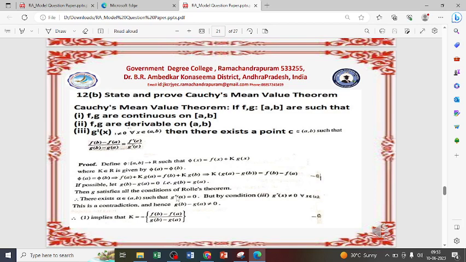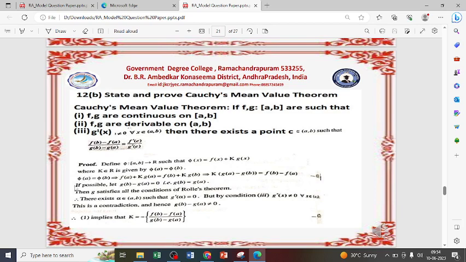Then by Rolle's theorem there exists a point alpha in the open interval (a, b) such that g'(alpha) equals 0. But by the condition, g'(x) is not equal to 0 for all x in the open interval (a, b).